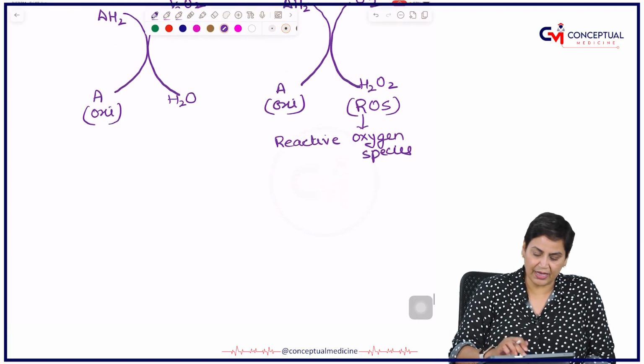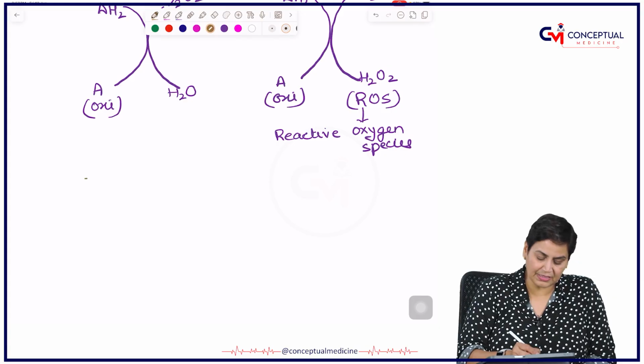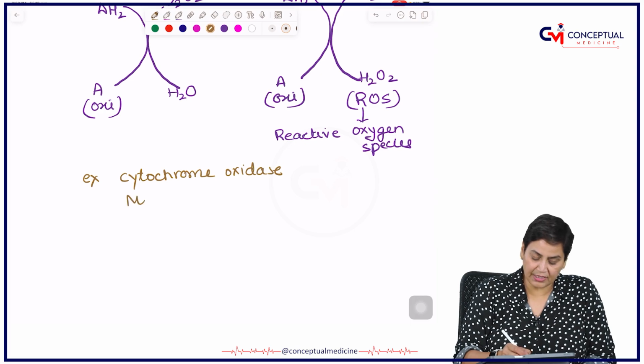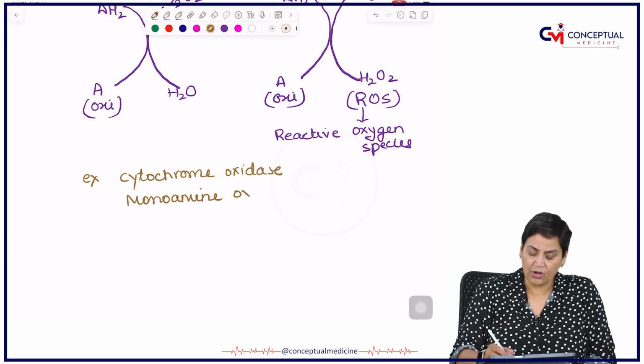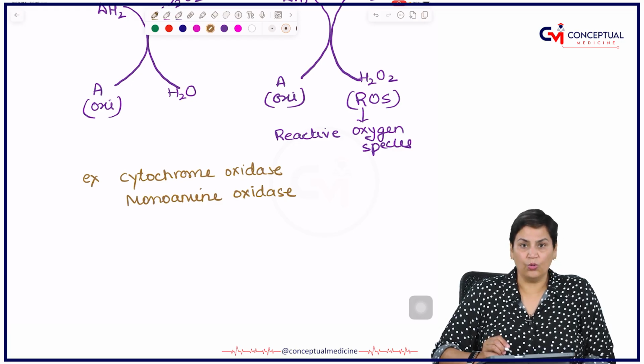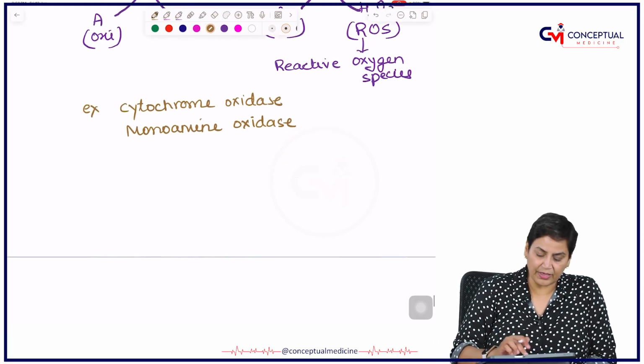And the examples are, wherever oxidase is written, like cytochrome oxidase, monoamine oxidase, they will come under the oxidases class.